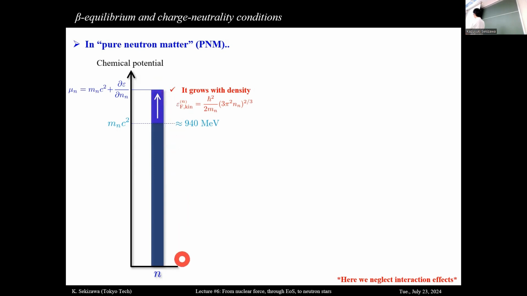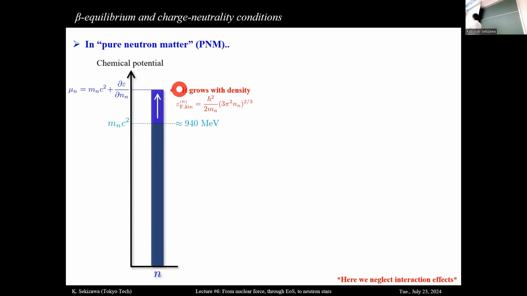So this is the summation of rest mass energy and this kinetic energy. And here I will neglect the interaction to make the situation simpler, so I only consider the kinetic energy. In the case of pure neutron matter, because of the Fermi energy, the system has higher energy.